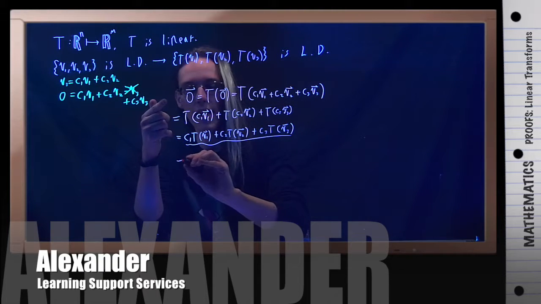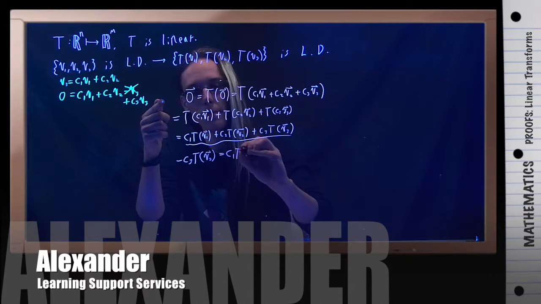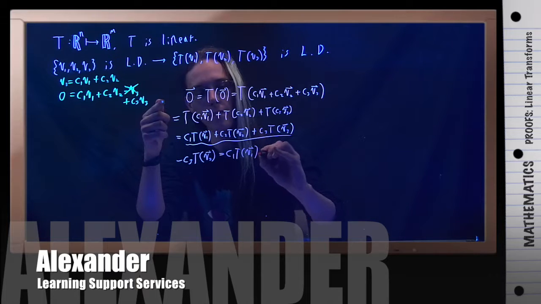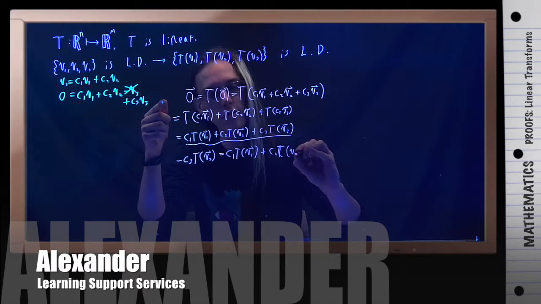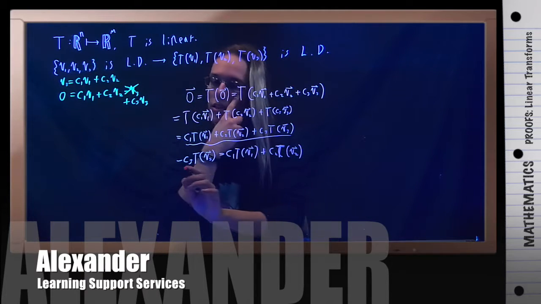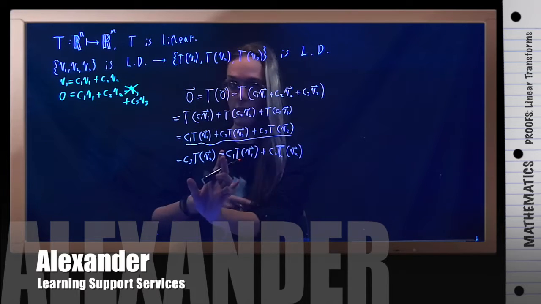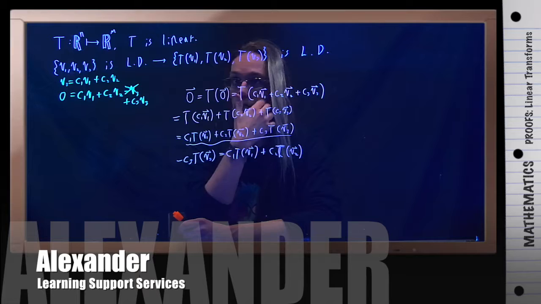So I would have negative c3 T of v3 equals c1 T of v1 plus c2 T of v2. And then I could divide through by negative c3, and I would have T of v3 by itself. So the point is, both interpretations are enough for me to say this is linearly dependent.